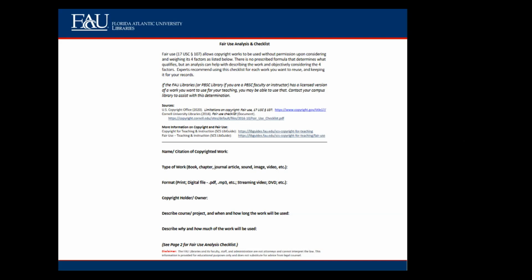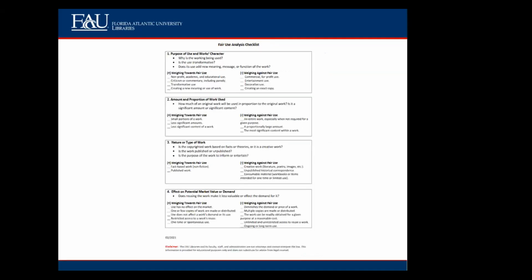The first part is where you put down some details about a copyrighted work that you or somebody else may wish to work on or reuse. You list some details such as its format, who the copyright holder or owner may be, how long the work will be used, why you want to use the work and how much you want to use of it. Then on the other side, we've got the fair use analysis checklist.